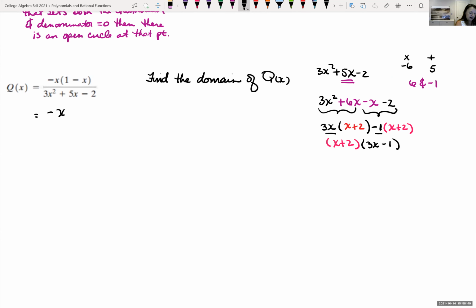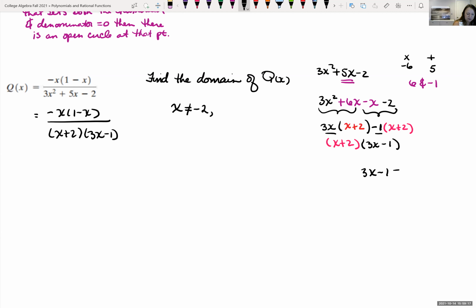I still have -x all times the quantity 1 minus x in my numerator all over x plus 2 times 3x minus 1. So let's look at when is our denominator equal to 0. So that's when x is -2. So x cannot be -2. And when is 3x minus 1 equal to 0?